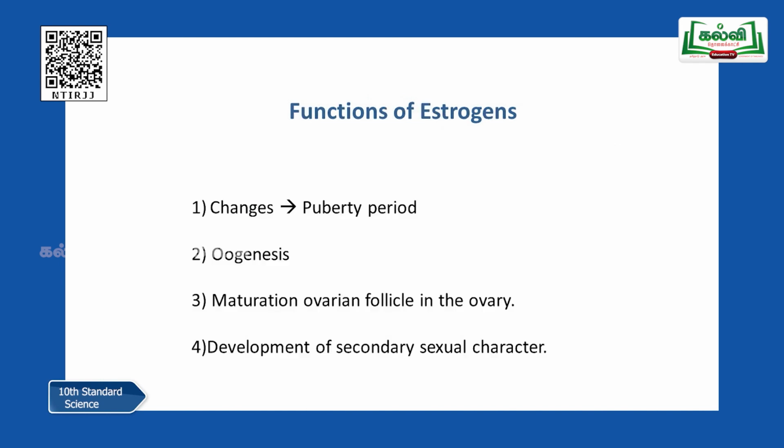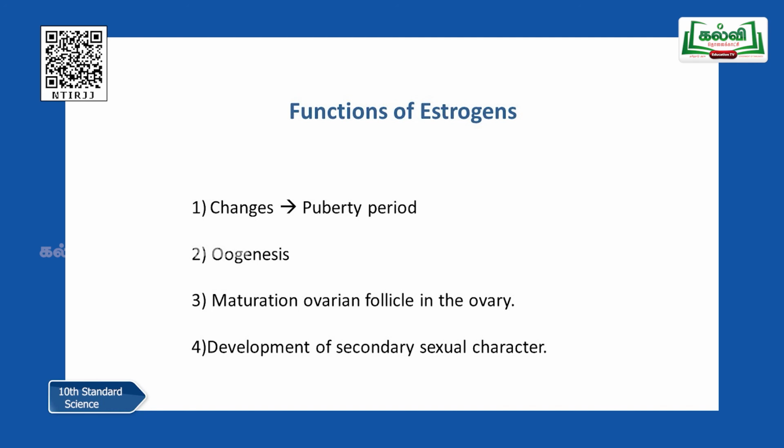Functions of estrogen: changes in the pubescent period. The female cycle is 28 days, everybody knows, and during the pubescent period there are changes which are due to the estrogen. Oogenesis we discussed already, and also maturation of the ovarian follicle in the ovary. The ovarian follicle is waiting for the egg during the pregnancy, at fertilization time. It also has a function in the development of secondary sexual characters. Next, functions of progesterone: the premenstrual changes in the uterus.